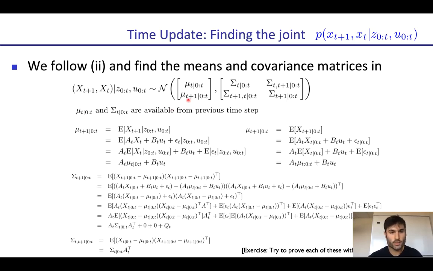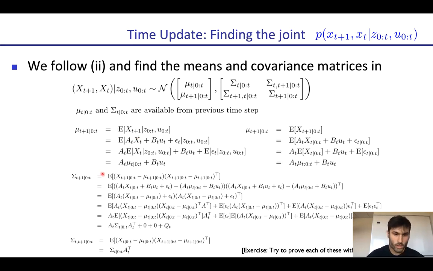To find mu_{t+1} given the past, as I explained before, you plug in the formula of the dynamics and take the expectation, and since everything is linear, the mean of x_{t+1} is just the dynamics evaluated on the mean of the previous time step.